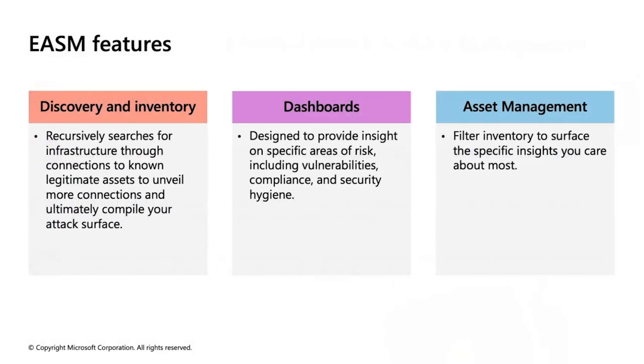Also, we get a dashboard designed to give you insights into different risks, vulnerabilities, and also recommendations. You can filter the inventory to surface a specific insight you are interested in. These are all the things you see in the EASM feature.